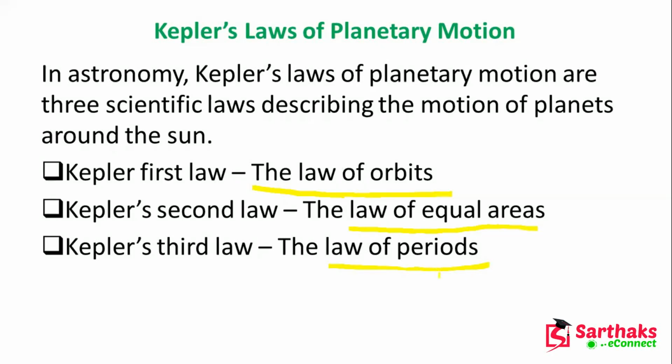In every case, whenever a planet revolves, it follows an elliptical path, and it revolves around the sun, or a moon revolves around a planet. At that time, it takes a particular time period, right?